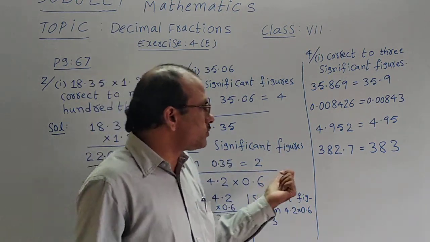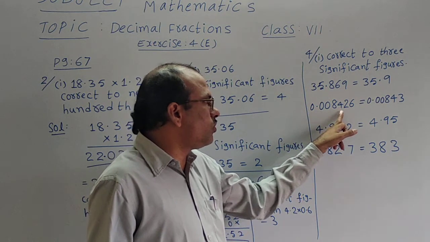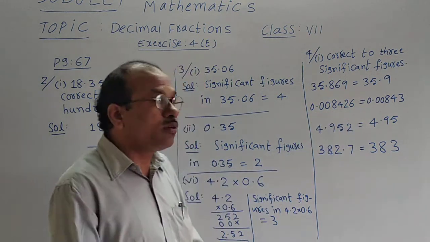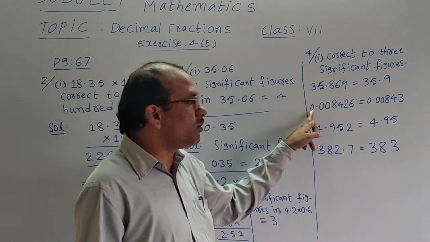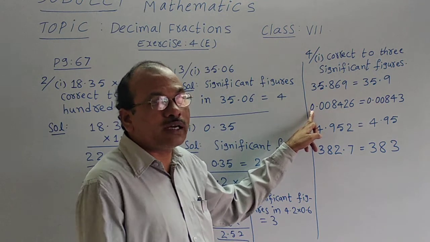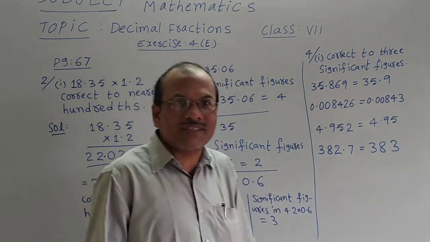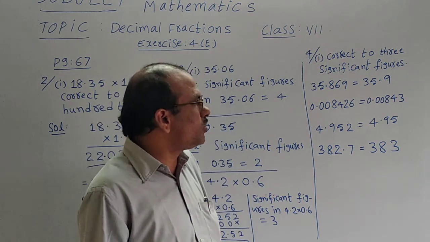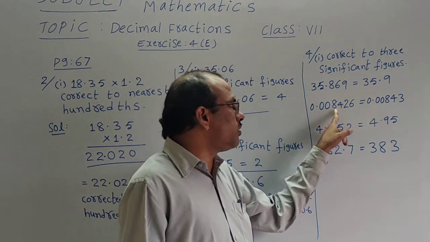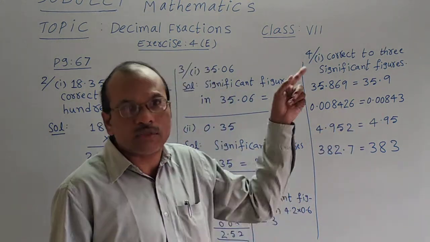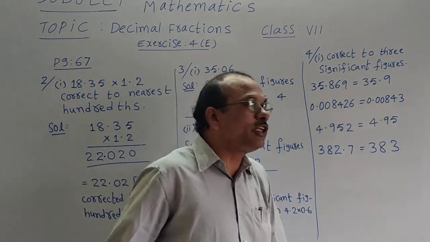Then next one is here: 0.008426. Here this is a decimal. Without the starting zeros, we can call it 0.008426. Actually, up to the 3rd digit only we should write as we have seen earlier, but these zeros have no value.